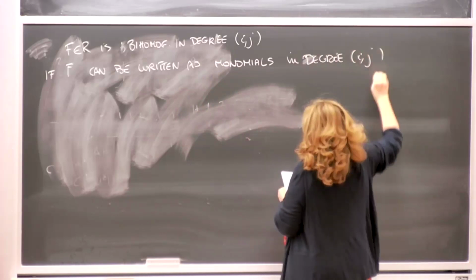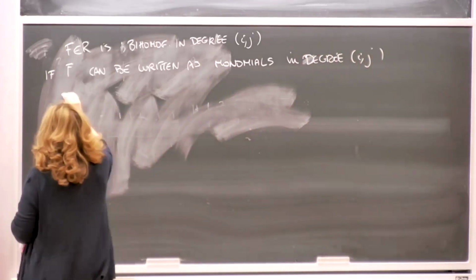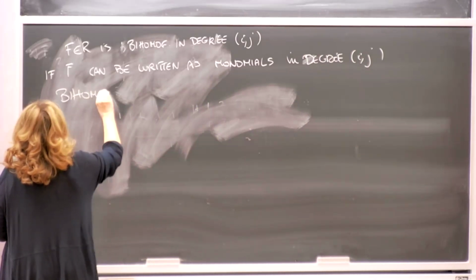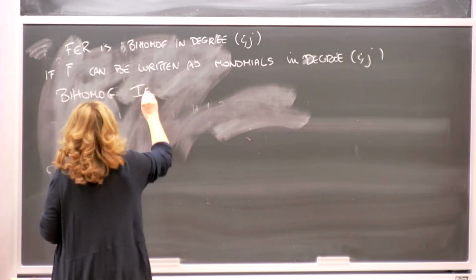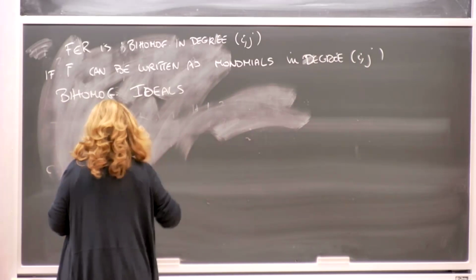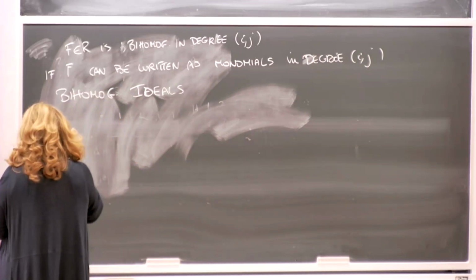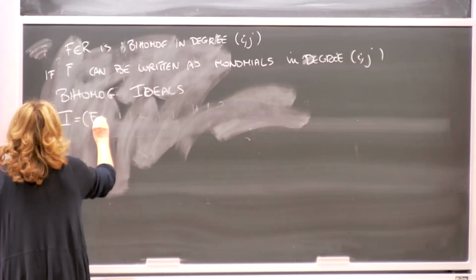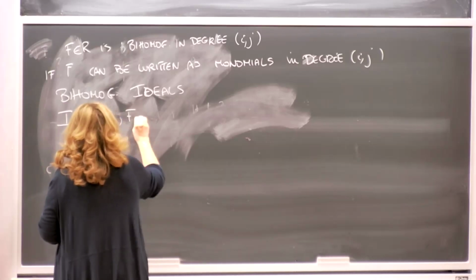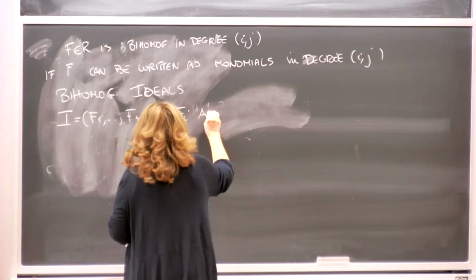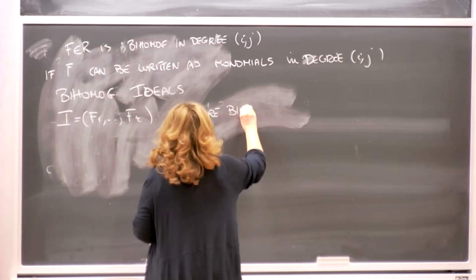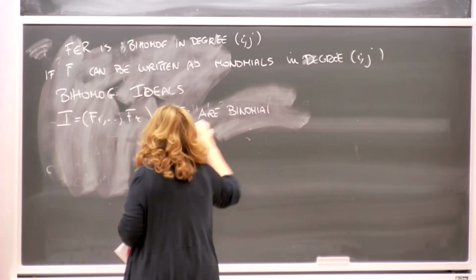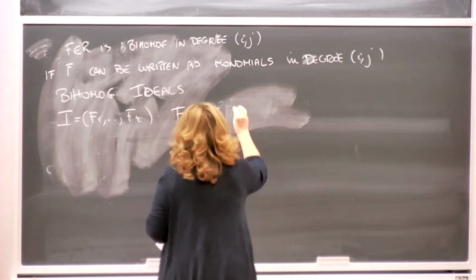In bidegree ij. So what are our bihomogeneous ideals? Of course, every ideal that is generated by bihomogeneous polynomials.